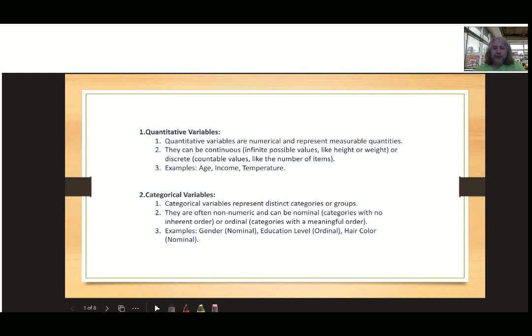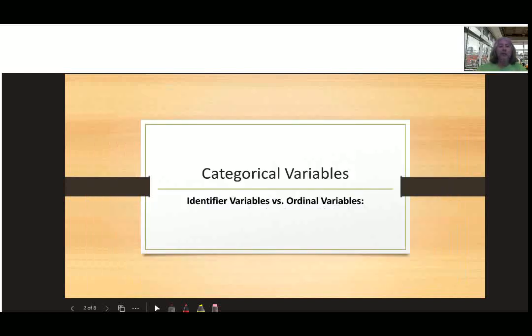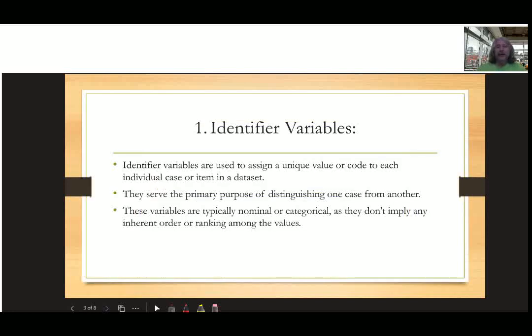Now, let's talk a little bit more specifically about categorical variables. There are two major types of categorical variables, and those are identifier and ordinal. So let's talk about the difference here. An identifier variable is used to assign a unique value or code to each individual case or item in a data set.